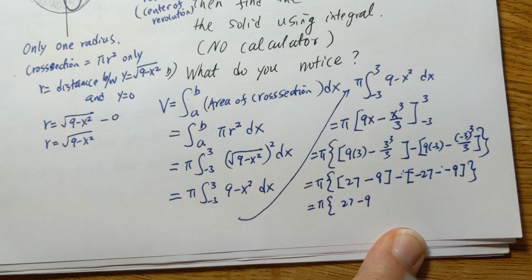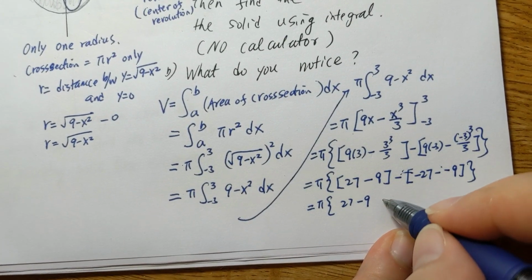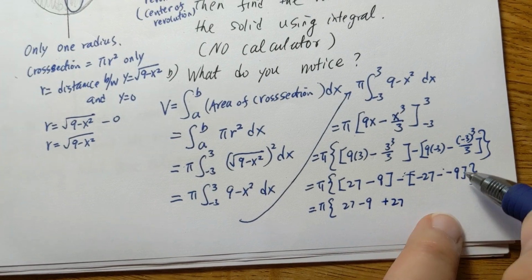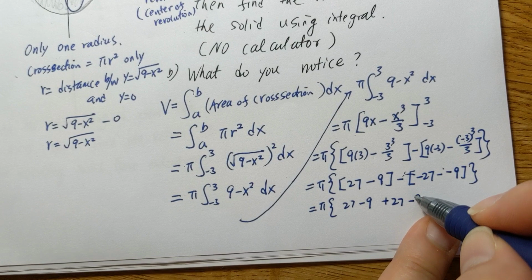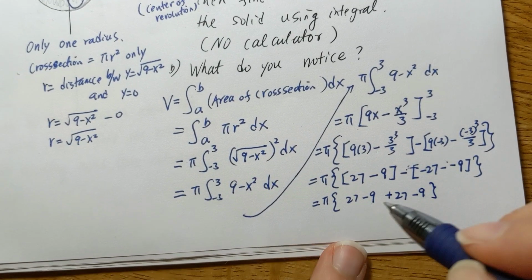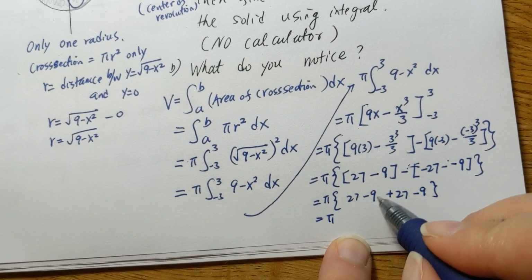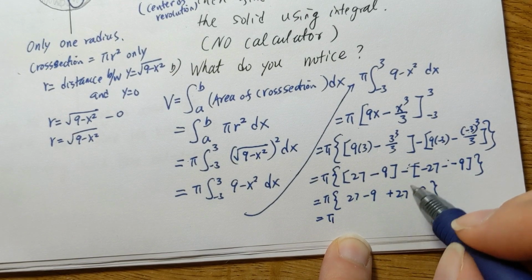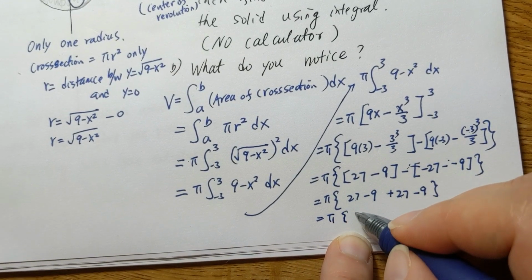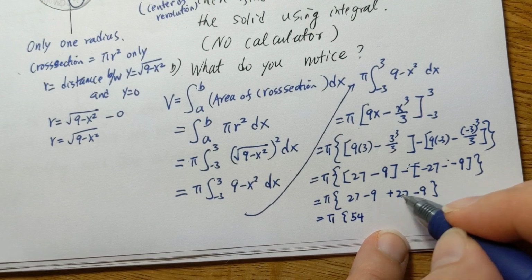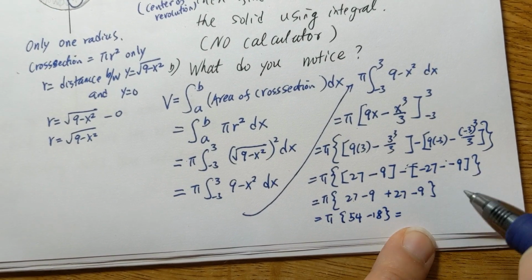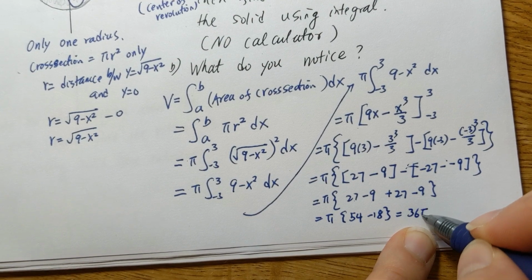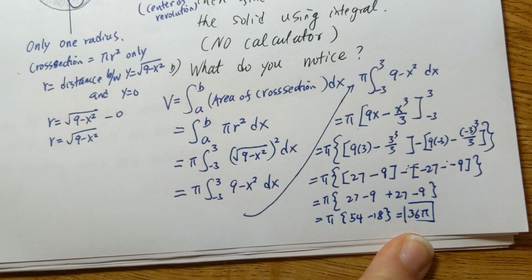So this is going to be positive 27, and then this positive, and then you times the negatives become negative, so negative 9. Alright, so now we are going to simplify this. So 27 plus 27 is going to be 54, 9 plus 9, 18, so minus 18. So we're going to get 36 pi. So the volume is 36 pi.